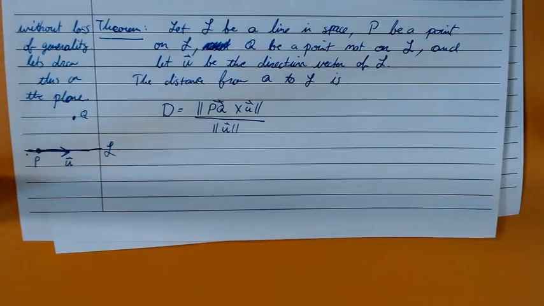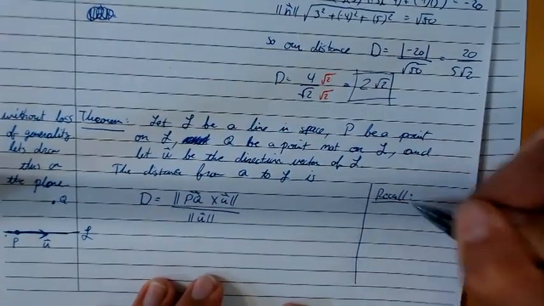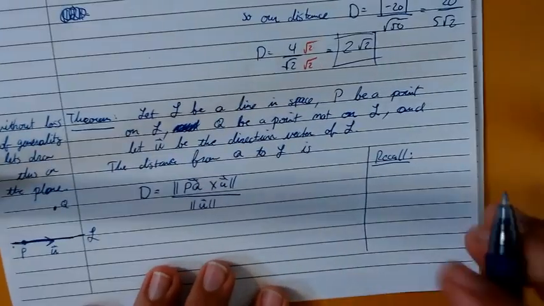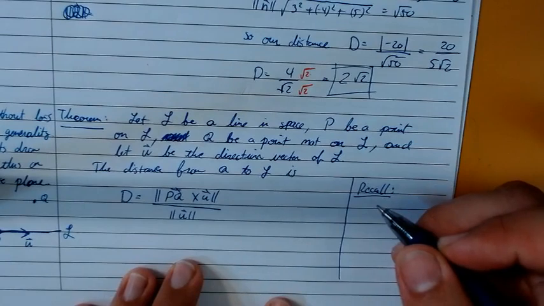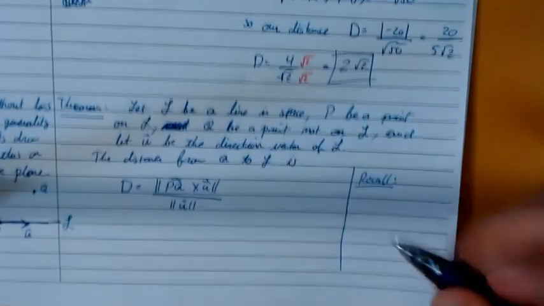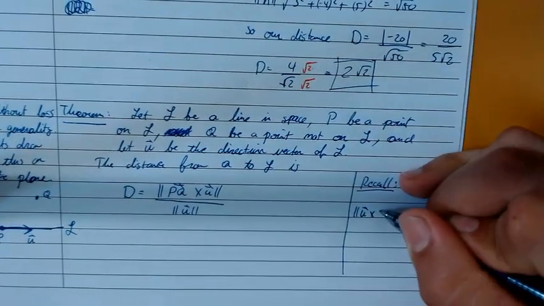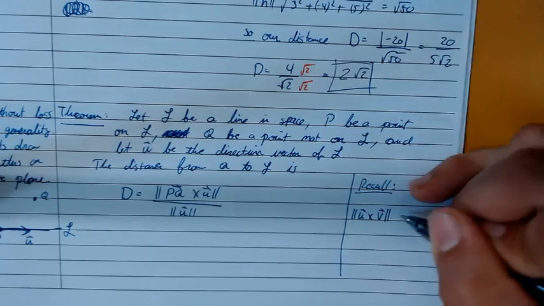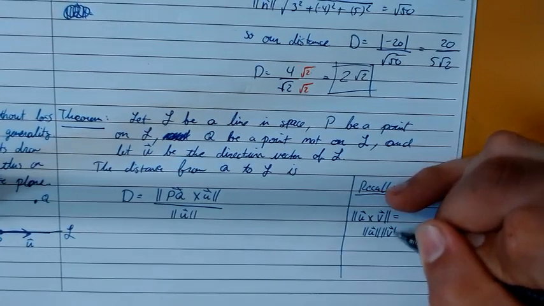This depends very much on a previous theorem that we had, an alternate definition of the cross product. So over here, I'm going to say recall. From a previous theorem in a previous section, recall an alternate definition for the magnitude of the cross product: the magnitude of the cross product of two vectors u and v is equal to the magnitude of u times the magnitude of v, since those are both scalars.